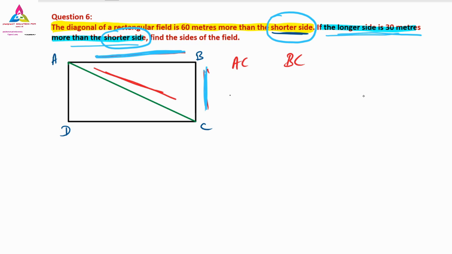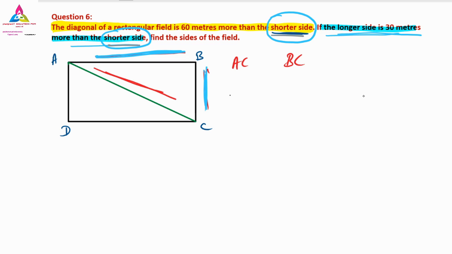Because I want one triangle and one thing that is common in both statements. The diagonal of the rectangular field is 60 meters more than its shorter side, and the longer side is 30 meters more than the shorter side.